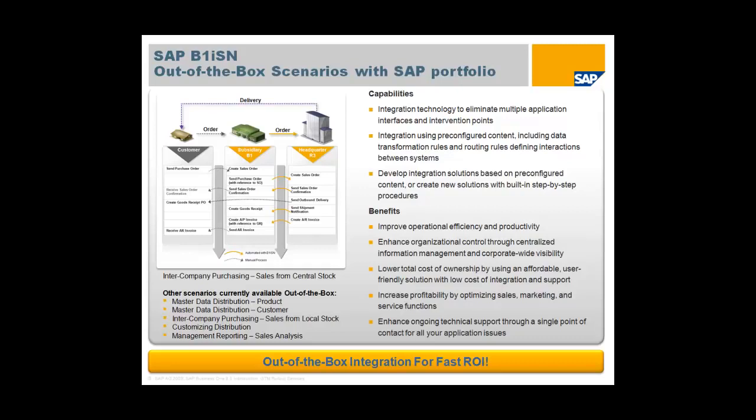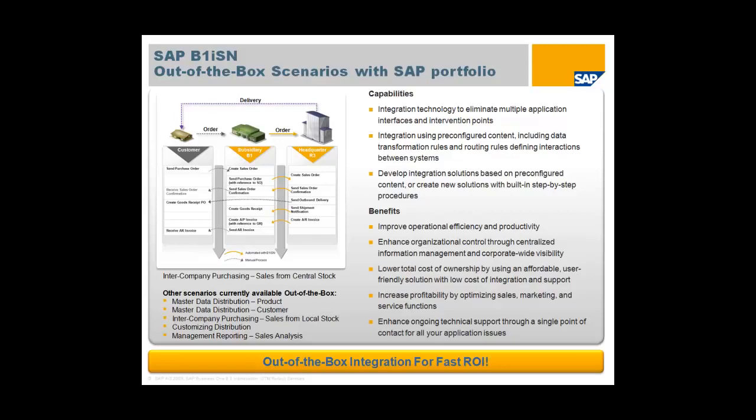We have master data distribution of products and customers, where you take a central inventory list and push out those changes, and take a central customer list and push out those changes, as well as automating the entire management reporting process.